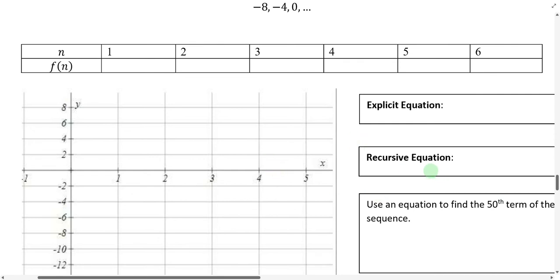When you do the recursive equation, I only need one of them this time. You pick. You can do the a sub n or the a sub n plus 1 format. I really don't care, but pick one, make sure you know how to write it. So go ahead and pause the video, give this one a try and the next one, and then resume the video and let's see how you did.